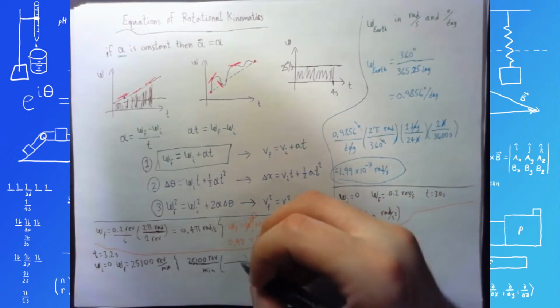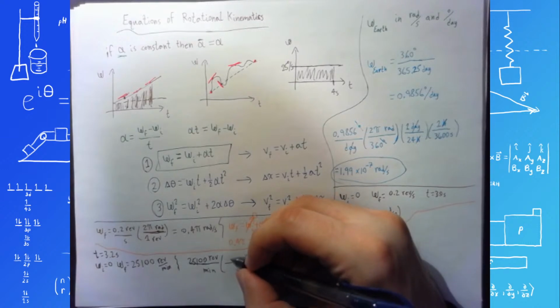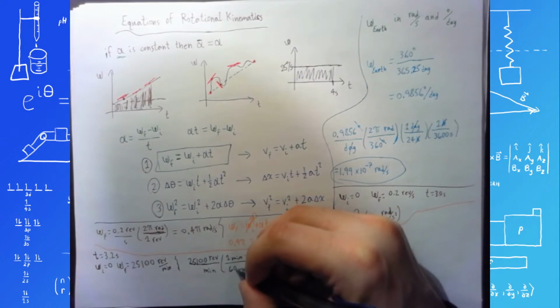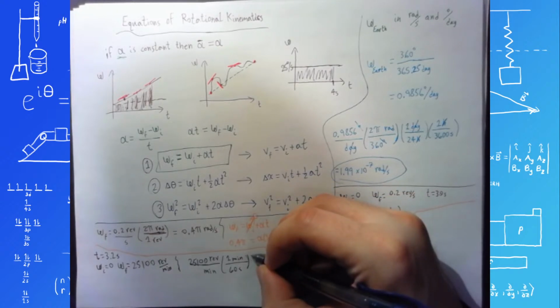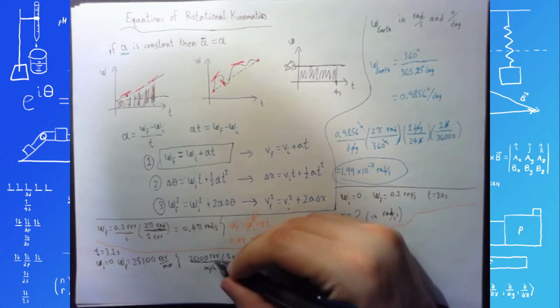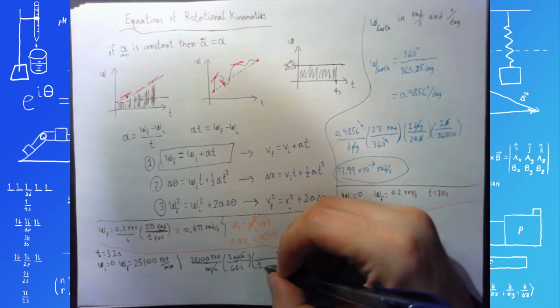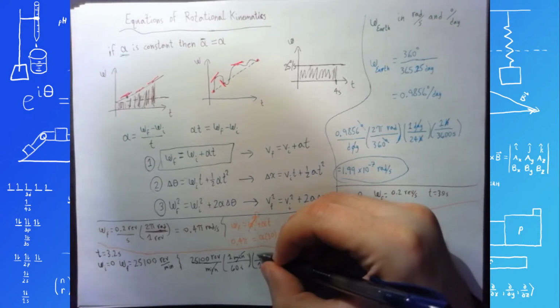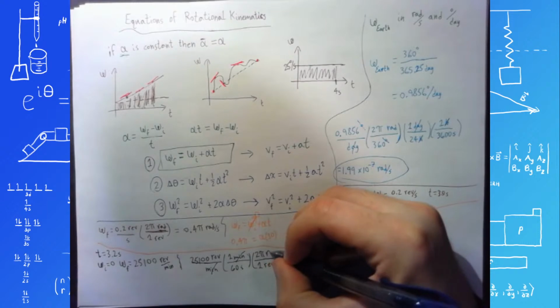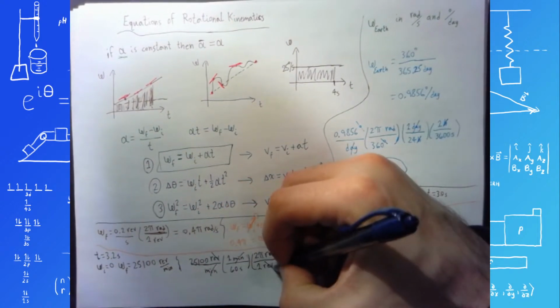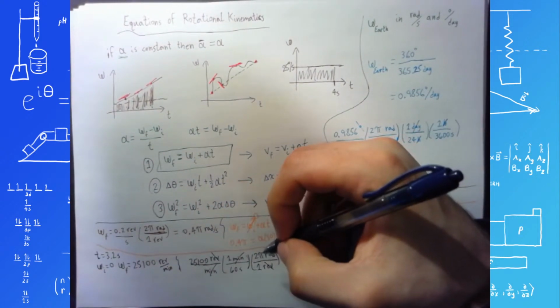If I convert my minutes to seconds, that would be 1 minute in the top equals 60 seconds in the bottom. And then 1 revolution is equal to 2 pi in radians. And that cancels revolutions and gives me radians on top.